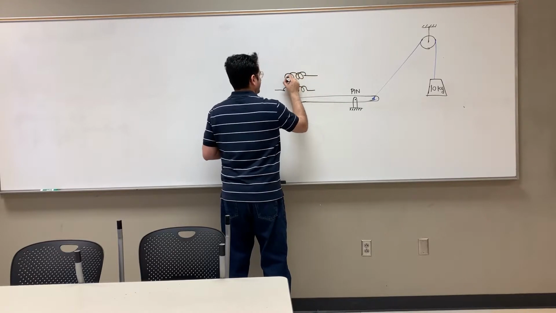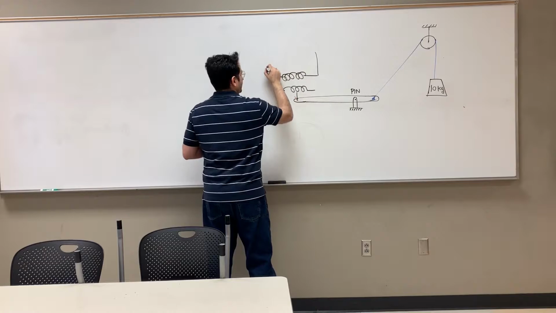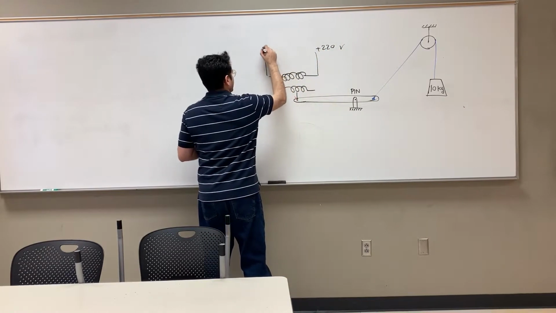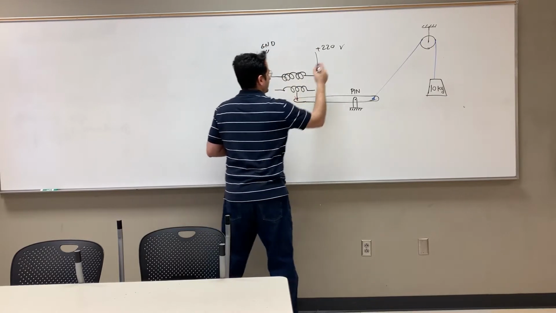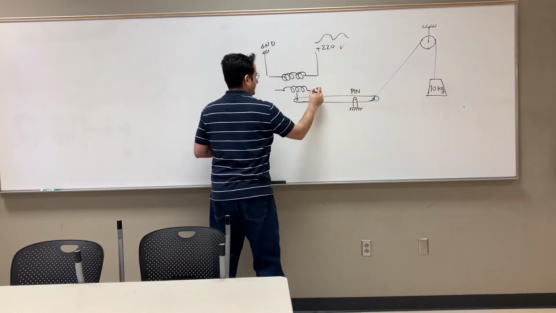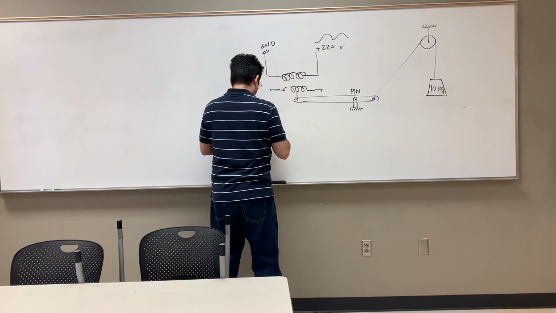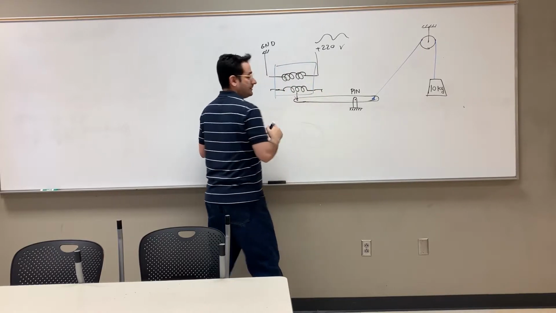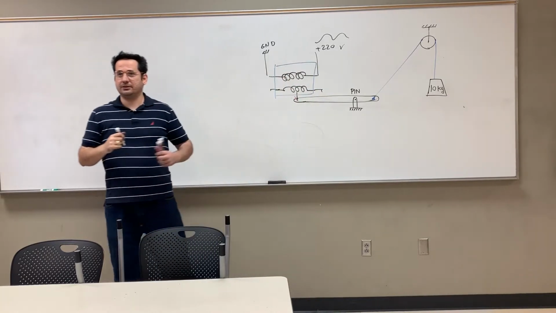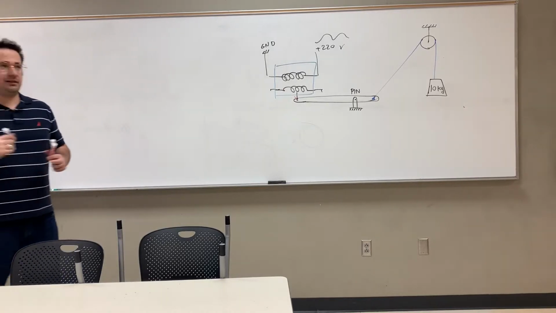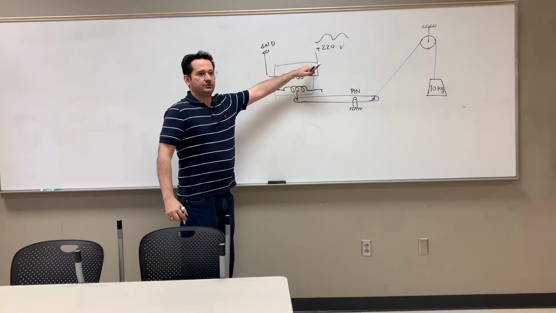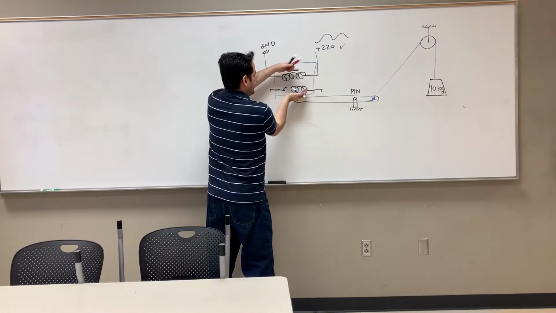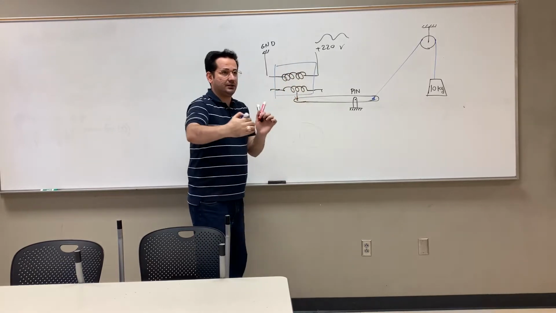Because we have a lot of electrical engineers, positive 220 volt, GND, and this is an oscillator, and this is a solenoid. The solenoid is a coil that when you apply voltage to it, it is going to apply force. There is another circuit here. It's going to actually pull it.